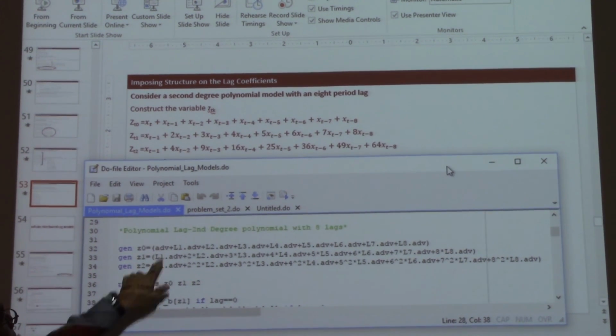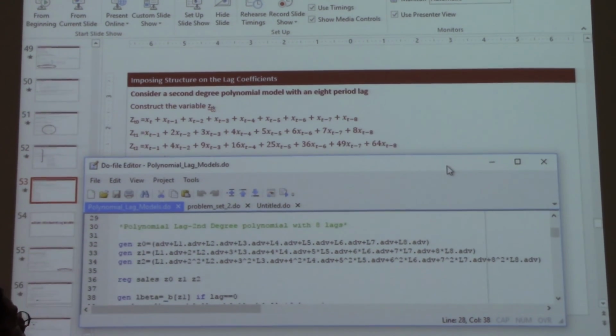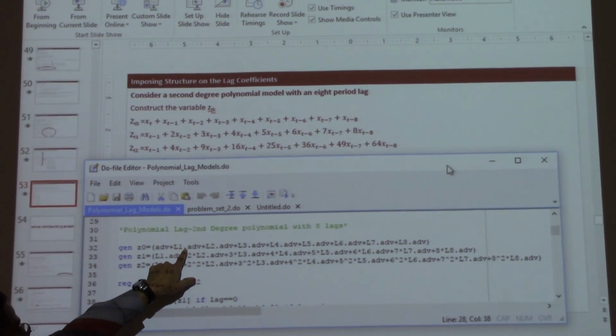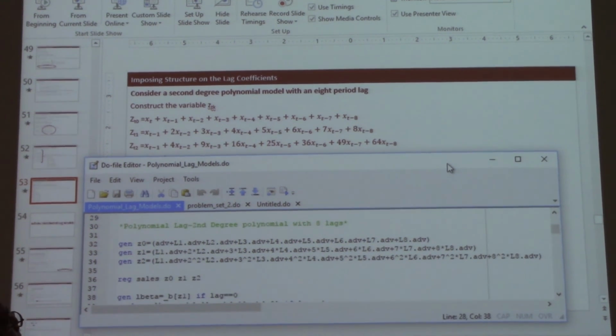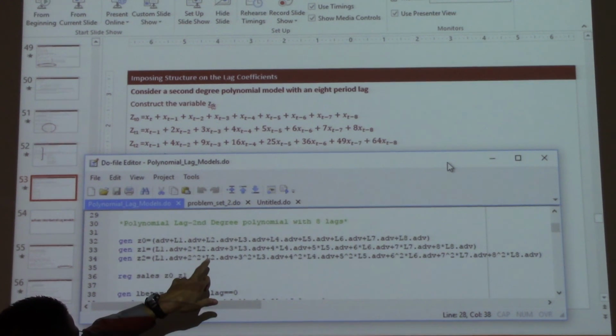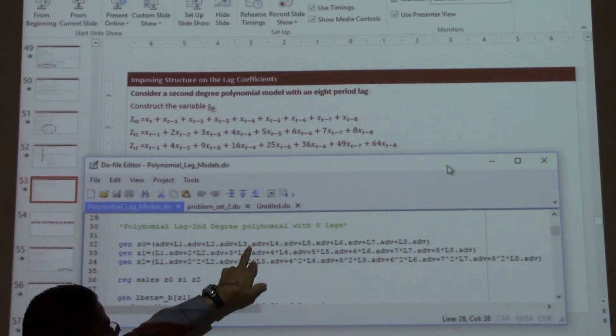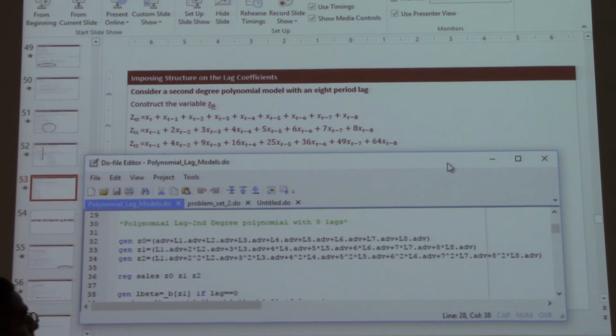Advertising, XT, right? Lagged advertising, L1 dot advertising, lagged advertising, 2-period lagged advertising, 3-period lagged advertising, all the way to 8-period lagged advertising.